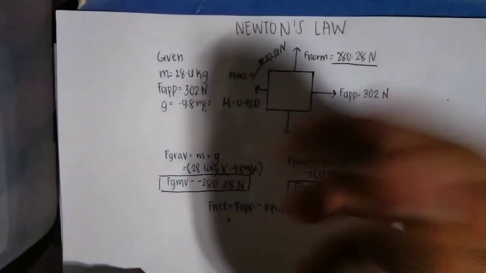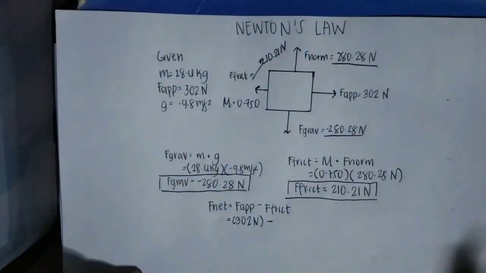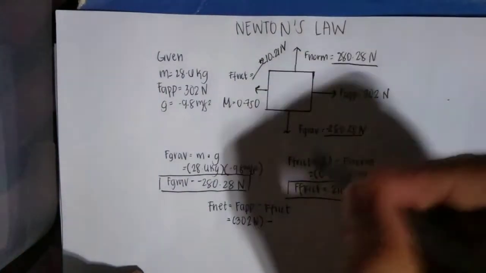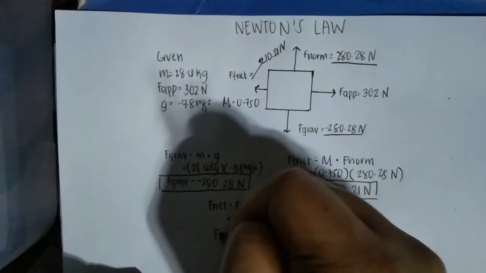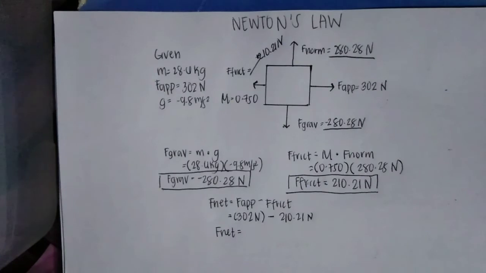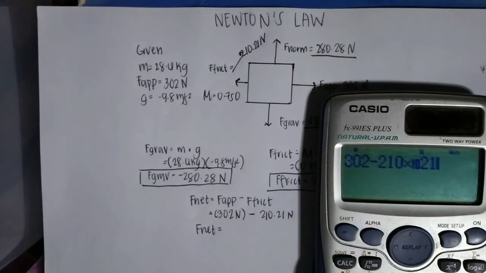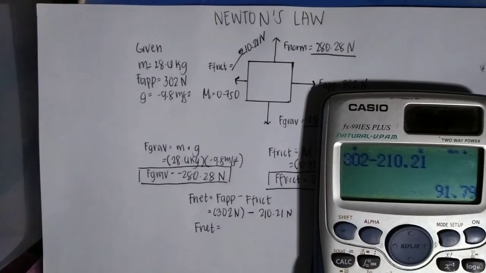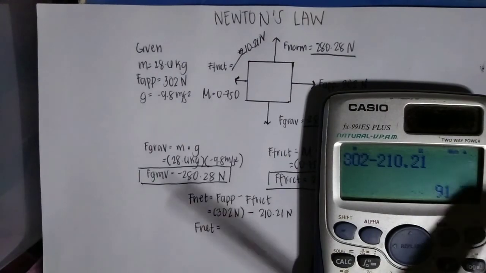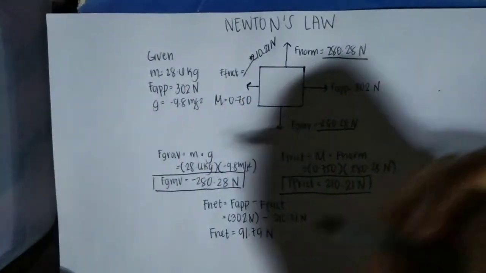Our F app is equal to 302 newtons minus our F fric, which is 210.21 newtons. Let's solve it again using our calculator. 302 minus 210.21 is equal to 91.79 newtons. So our F net is 91.79 newtons.